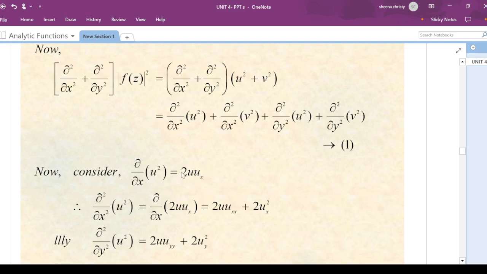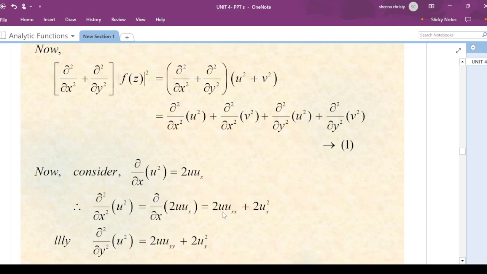Again, if you are differentiating with respect to x, you will get dou by dou x of 2 times u into ux, and you have to use the product rule. Differentiating u, you will get ux square, and differentiating ux again with respect to x, you will get dou square u by dou x square.